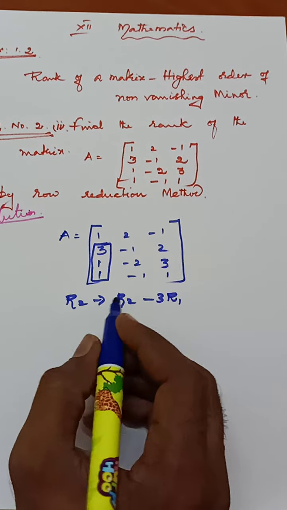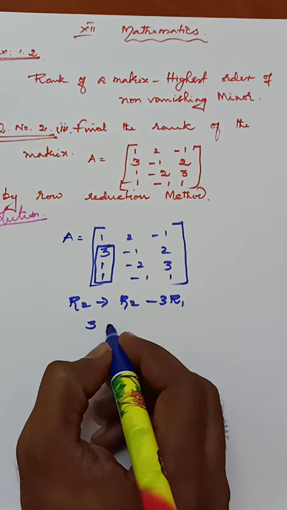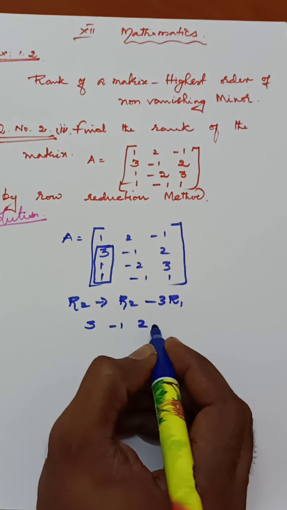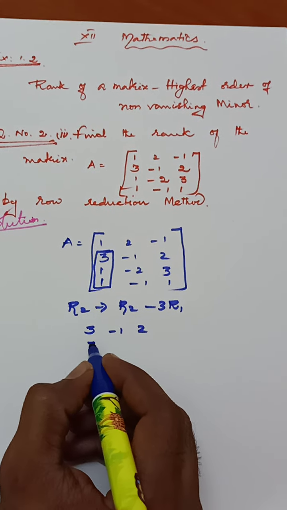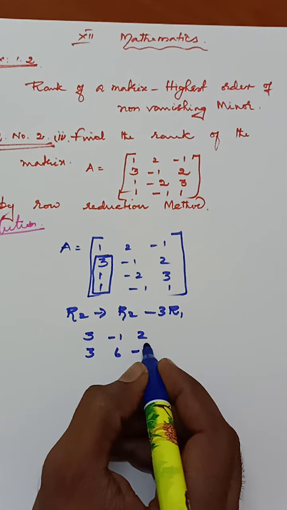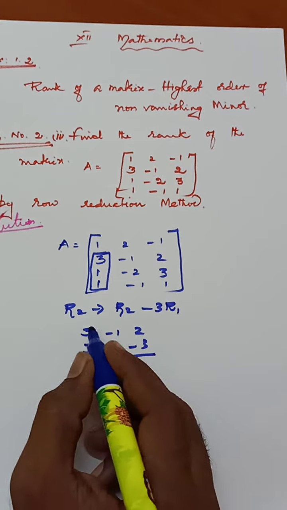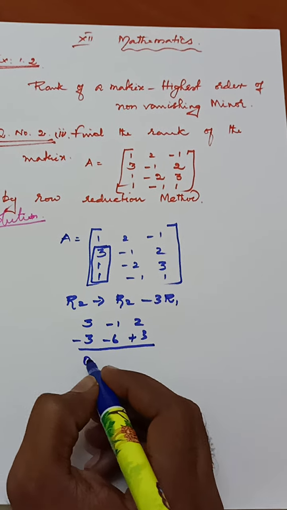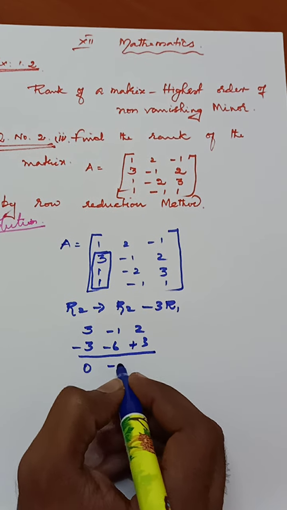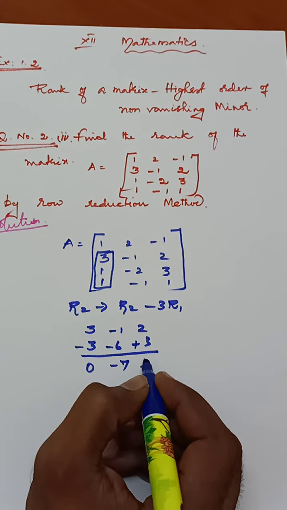That's it. Your R2 value is 3, minus 1, 2. The 3R1 value, this value multiplied by 3, becomes 3, 6, minus 3. Subtraction, so minus plus: 3 minus 3 is 0, minus 1 minus 6 is minus 7, 3 plus 2 is 5.